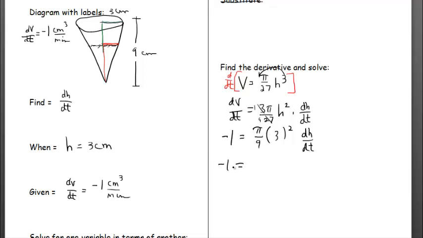So -1 equals, this will be 9 divided by this 9, that reduces to pi times dh dt. Divide both sides by pi, and I'm going to trade sides. So dh dt is equal to -1 over pi centimeters per minute. Because height is measured in centimeters, the rate is per minute, and it should be negative because the height is decreasing.